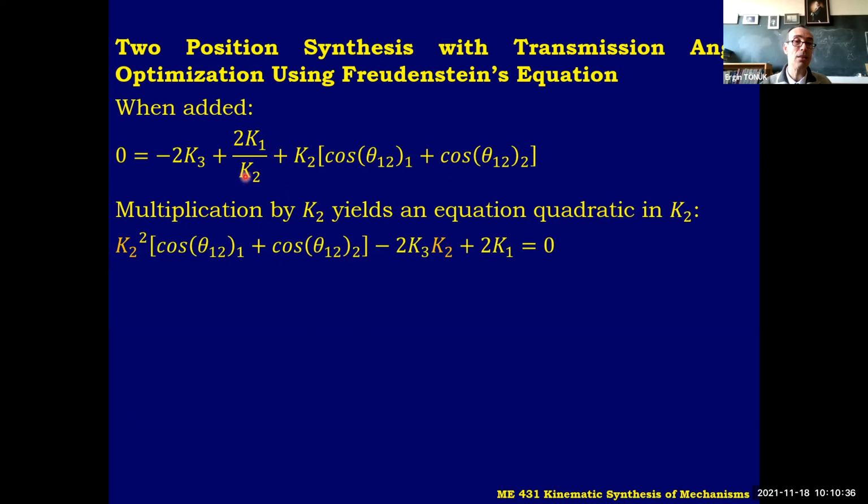Then I'll have a minus K2, K3 for this term, which is here, and a plus 2K1 is equal to 0, which is a quadratic equation, still very easy to solve analytically. Am I right? Although not linear, it's maybe the simplest possible nonlinear equation.